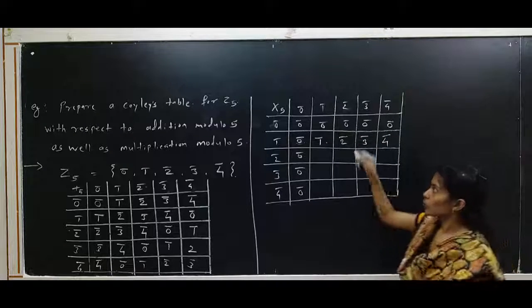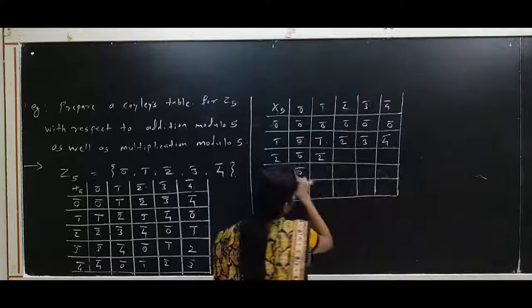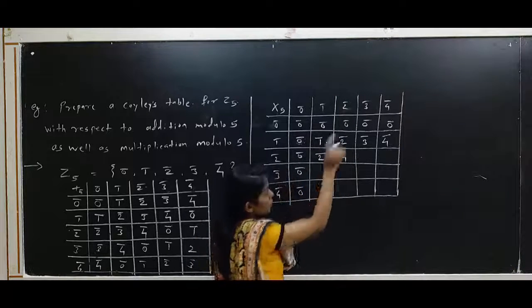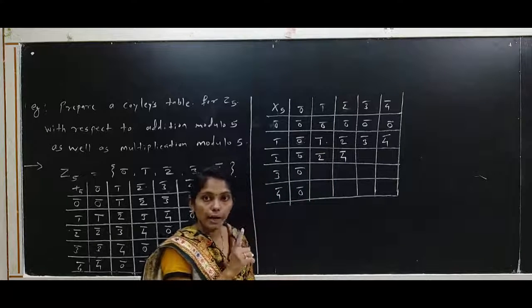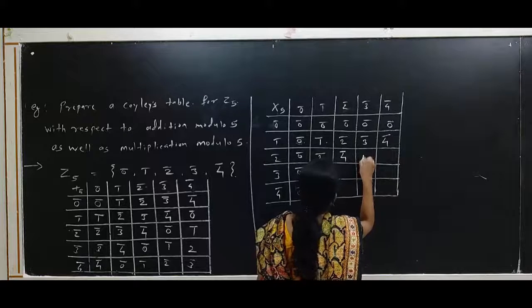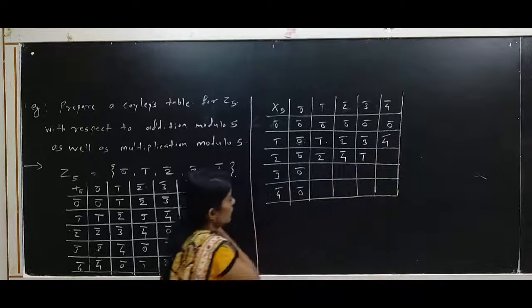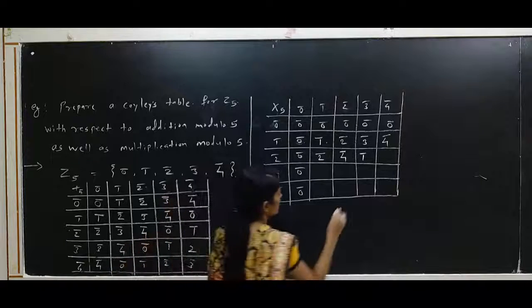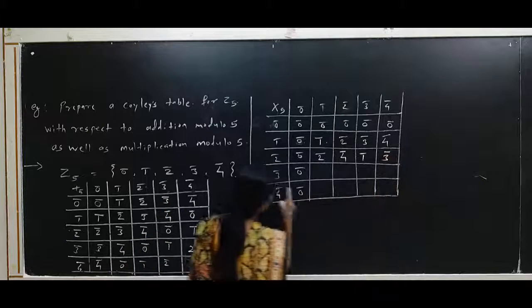Now 2, 2 into 1 is 2, 2 into 2 is 4, 2 into 3 is 6, and modulo 5, so we get 1. Okay, now 2 4s are 8, and in modulo 5 we get 3.